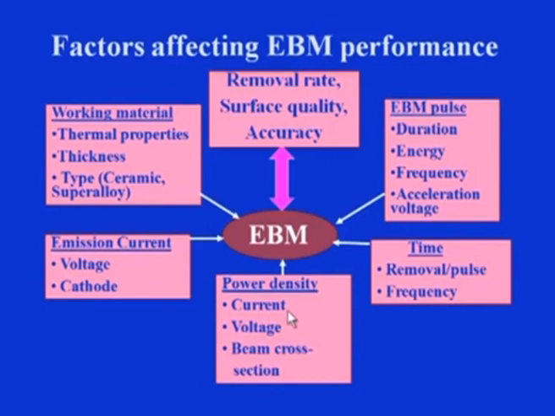Similarly, other parameters related to applied power are current, voltage and beam cross section. As we have already discussed, very high voltage to the tune of 150 kilovolt is applied between the anode and the cathode, which causes the electrons to get emitted.